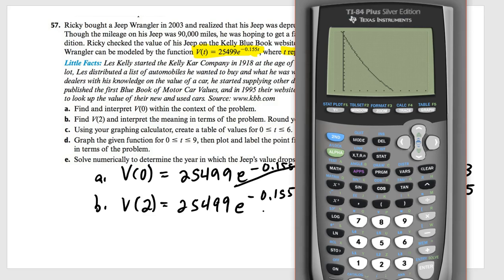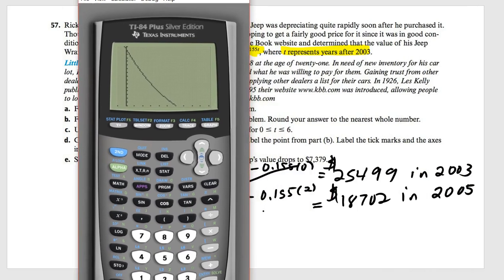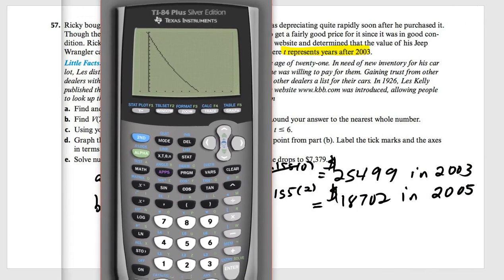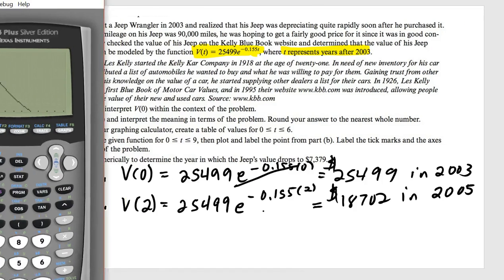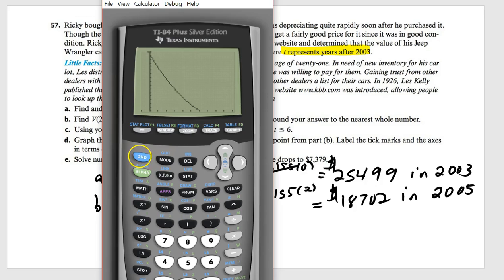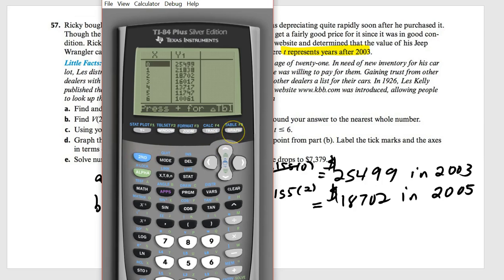My last part of the problem says solve numerically to determine the year in which the Jeep's value drops below 7,379. So let's just use our table, since we already have it here. Say second graph. And if I go all the way down until I'm below 7,379, you can see that when T is 8, I'm at 7,379.